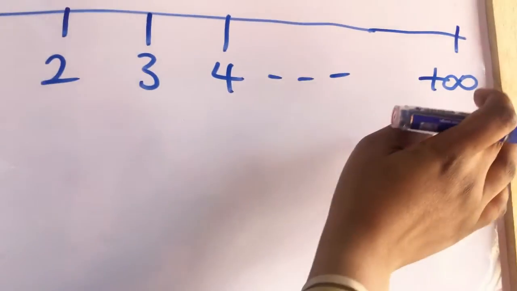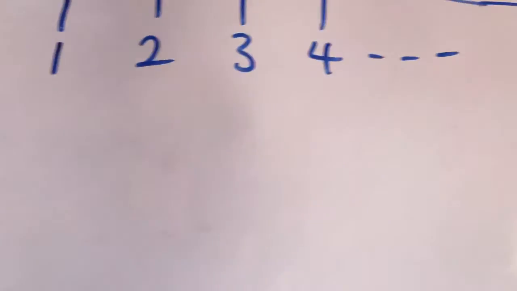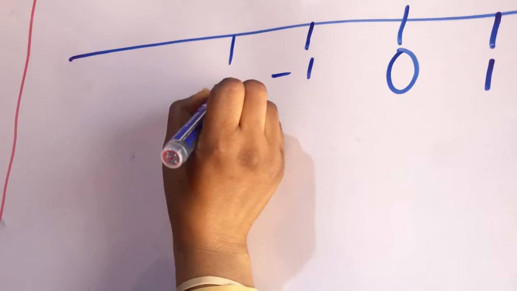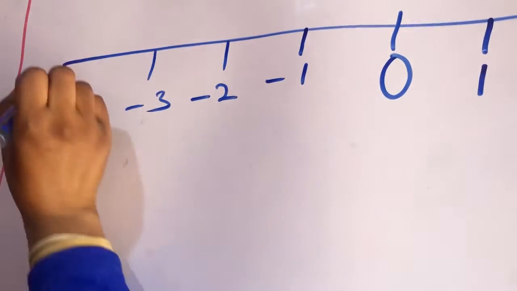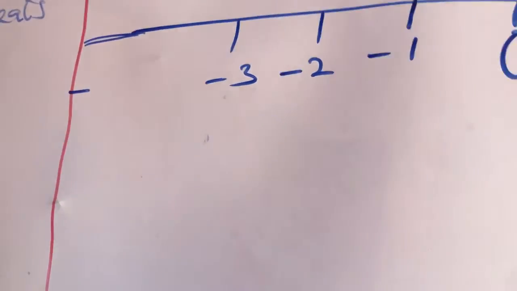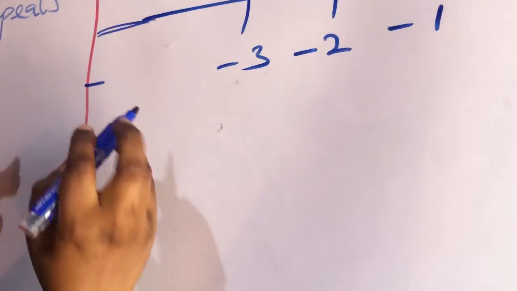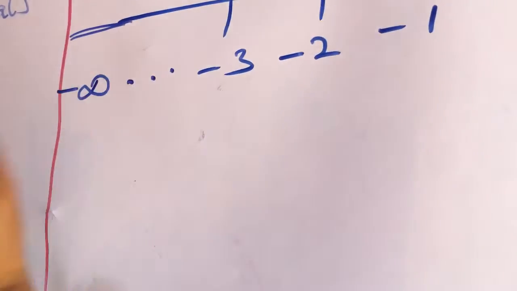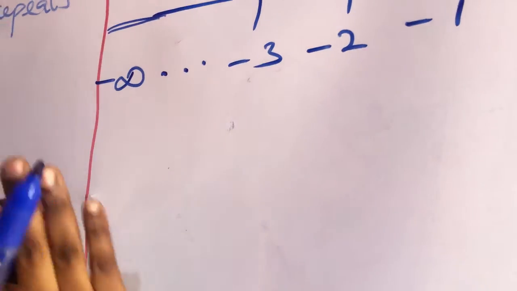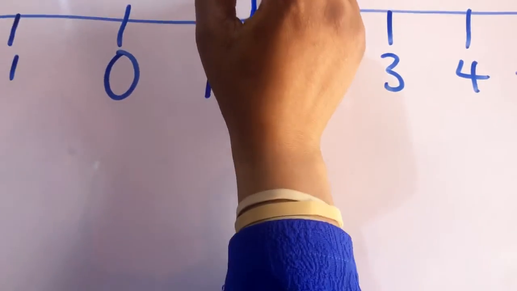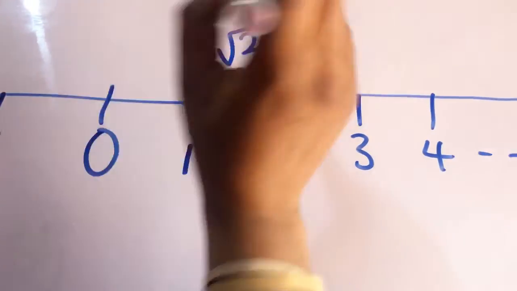We do not know its end. We cannot put full stop there. On the left we have -1, -2, -3, and so on, which we represent as negative infinity. It means it goes on and on, it doesn't end. At this side, we can have square root of 2 there.